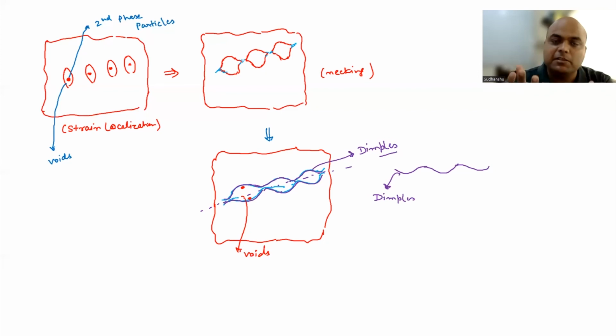The particles have to be there, because the nucleation of the voids has occurred in the particle or at the location of the particle. So particles will be present in almost all the dimples. If you observe in AFM, you will be clearly able to see those particles.